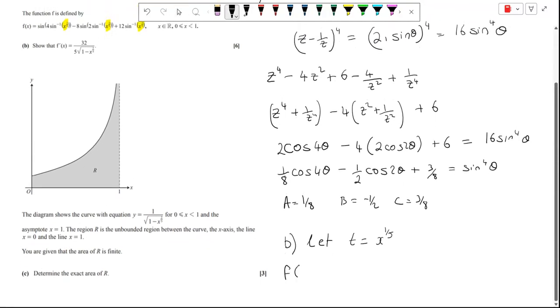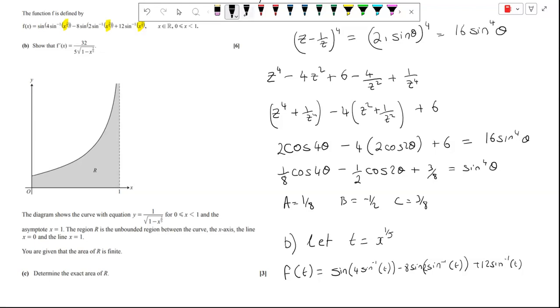So now my function in terms of t is going to be sine of 4 sine inverse of t minus 8 sine of 2 sine inverse of t plus 12 sine inverse of t.